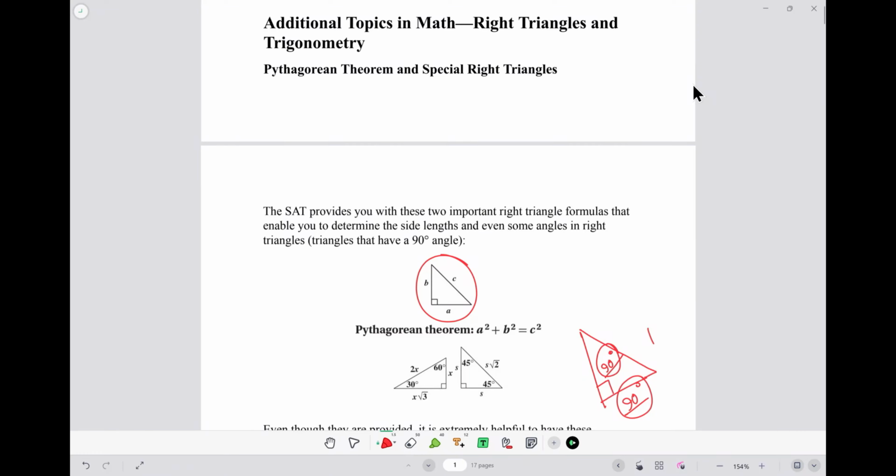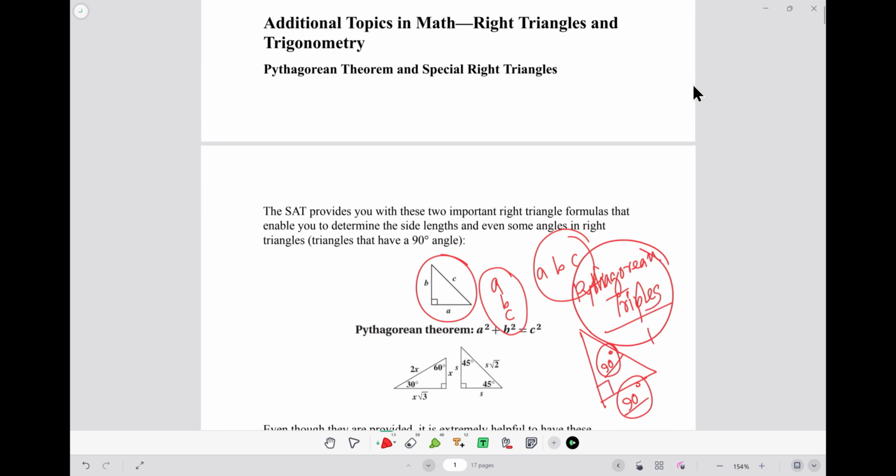Regarding this right angle, A, B, and C are 3 different lengths, and we can call A, B, C Pythagorean triples because they are related to each other by a mathematical formula, which is A squared plus B squared equals C squared.